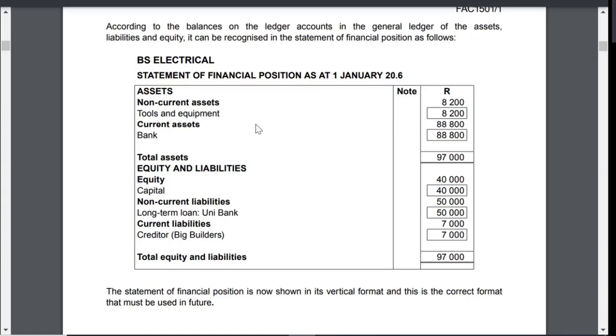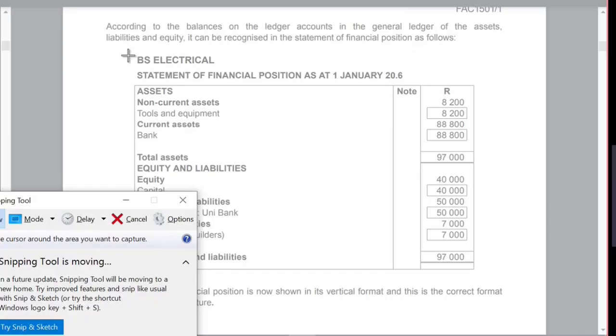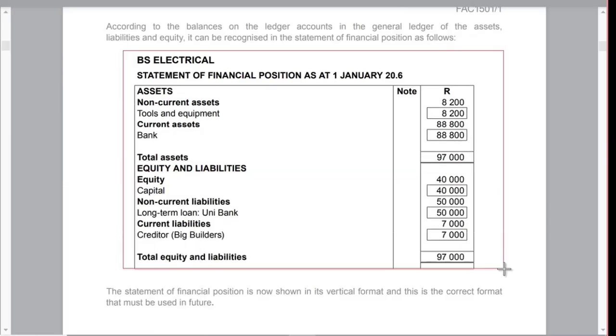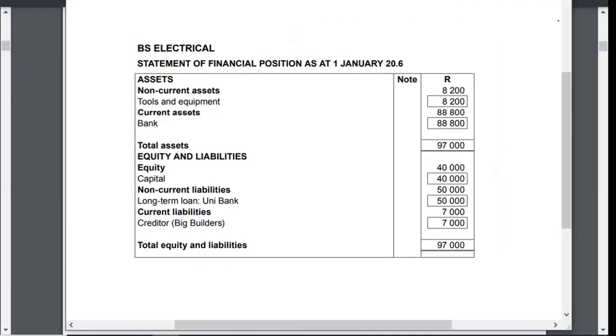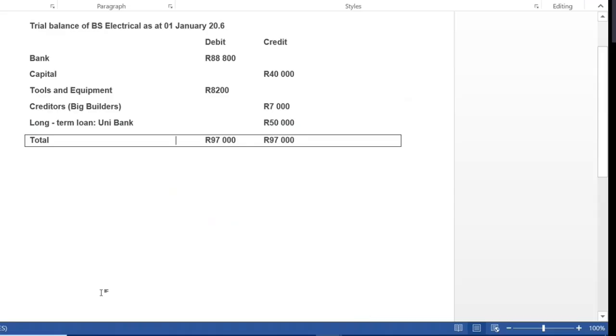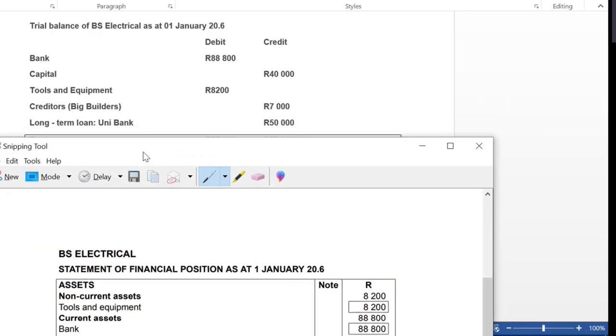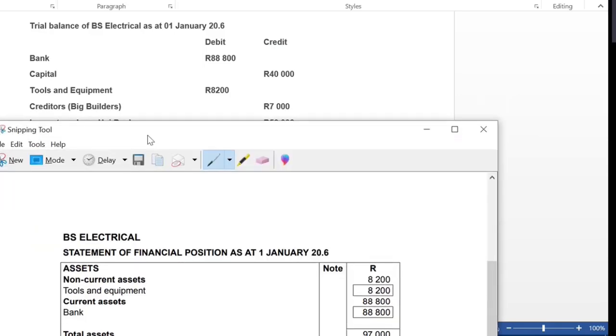Can you see the statement of financial position? Now you'll be looking at the trial balance.